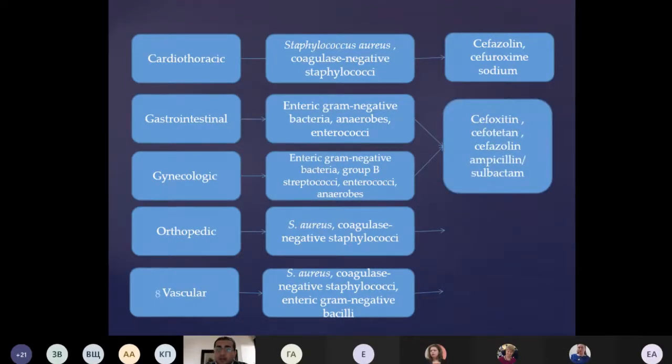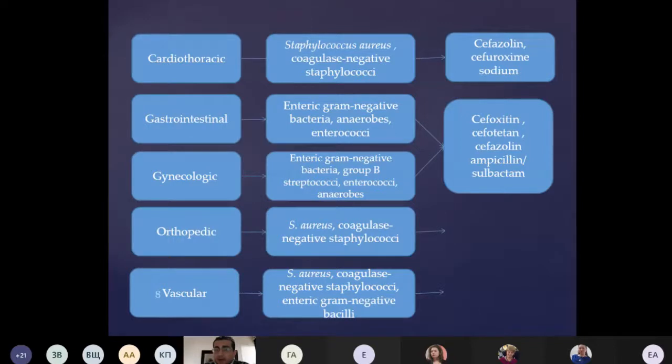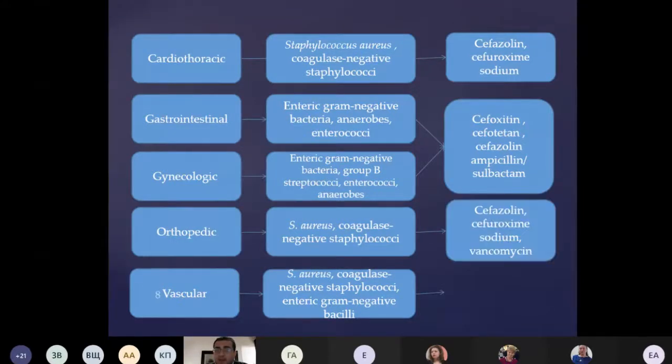In gastrointestinal surgery and also in gynecological surgery, we can find enteric gram-negative bacteria, anaerobes, enterococci, also group B streptococci, and other anaerobes.